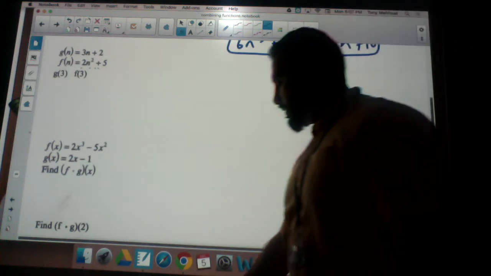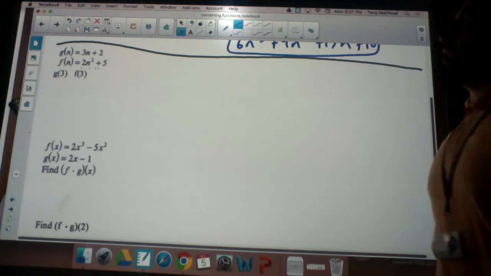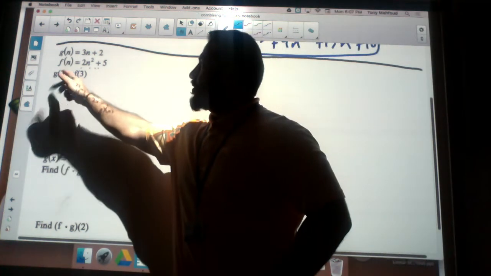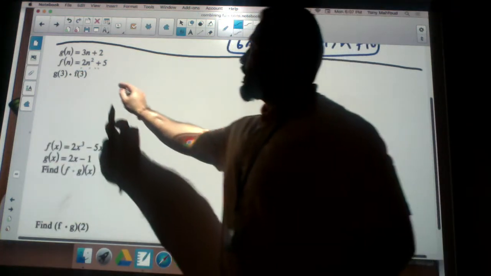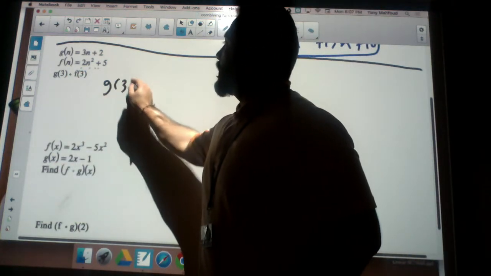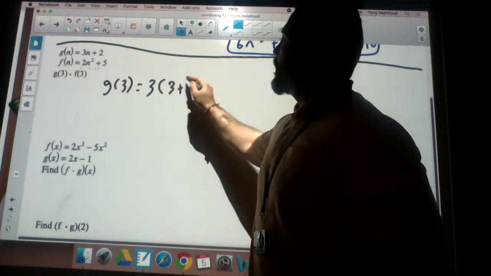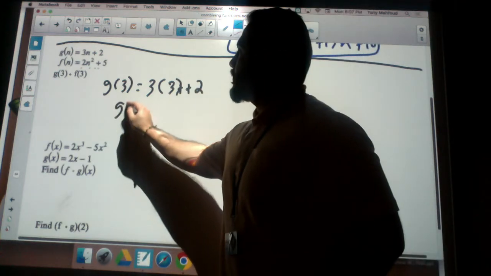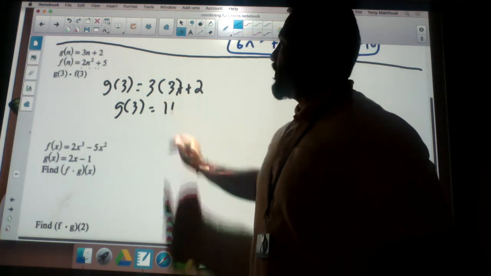Okay, and in this one, we want to take g of n equals 3n plus 2, and f of n equals 2n squared plus 5. I want to evaluate g of 3 and then multiply it by f of 3. Well, I know that g of 3 is going to be 3 times 3 plus 2. That gives me g of 3, which is 3 times 3 is 9, 9 plus 2 is 11.